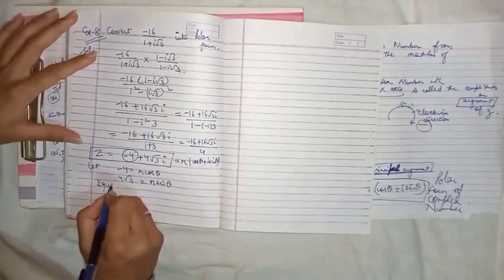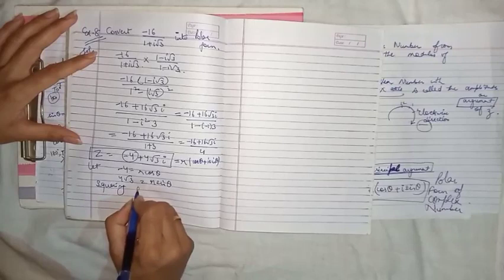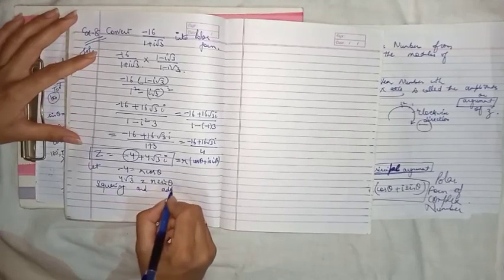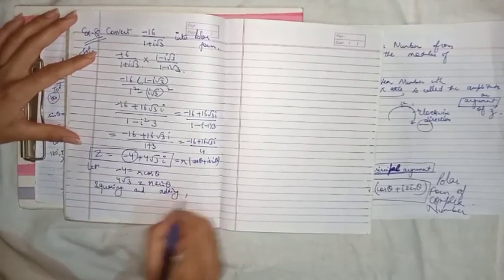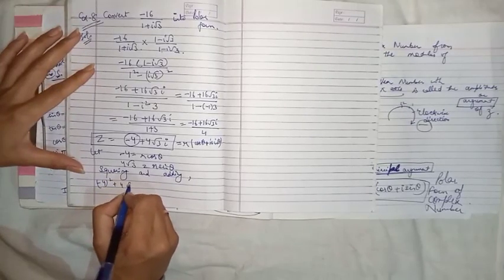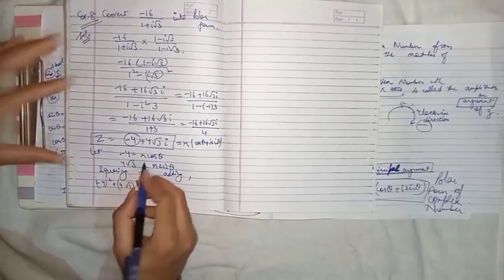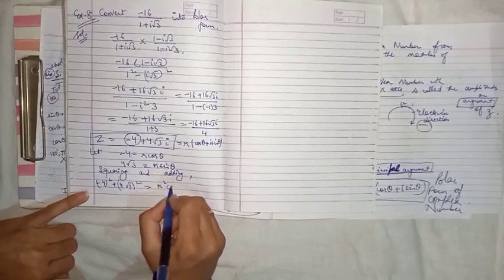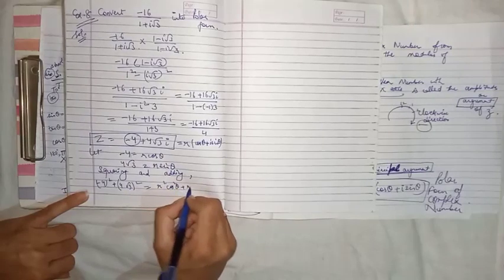Squaring and adding. This is the rule. You must follow this rule in all the questions. Squaring and adding, we get minus 4 square plus 4 root 3 square. That means square and add left hand side into the left hand side and right hand side into the right hand side.